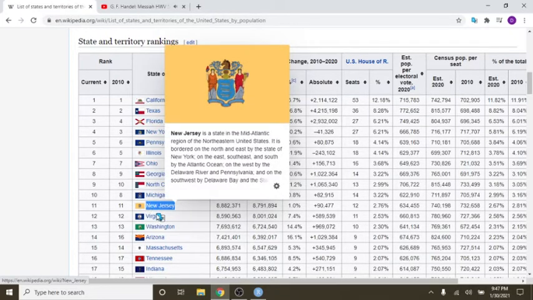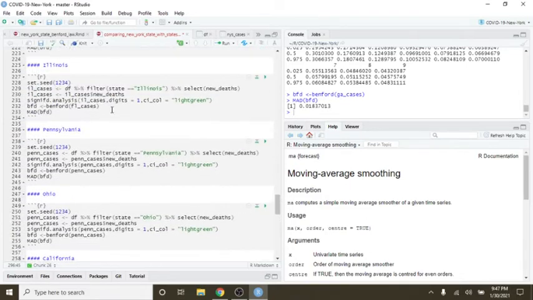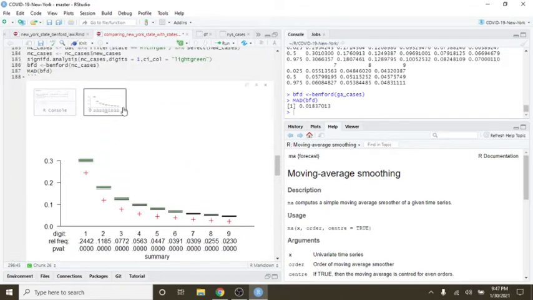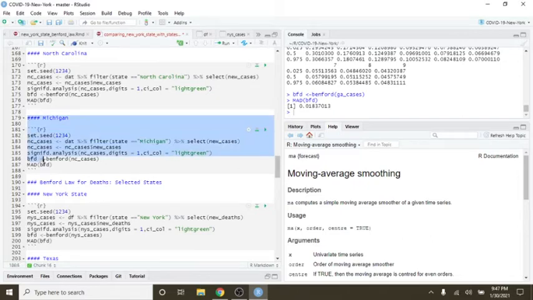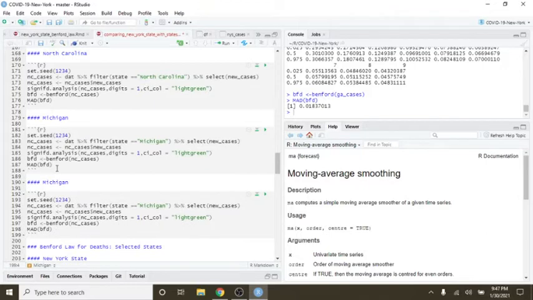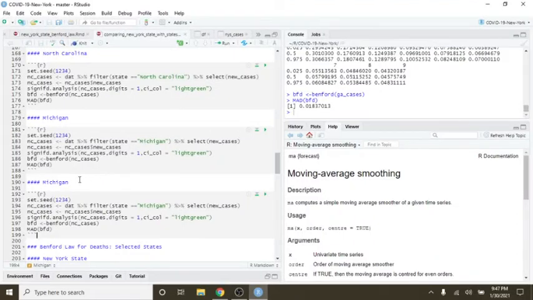Next we'll go to Jersey. I like to call it Jersey. Let's take a look.